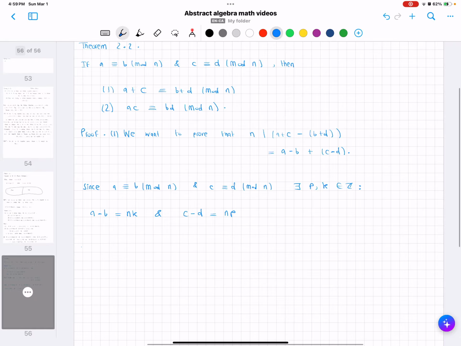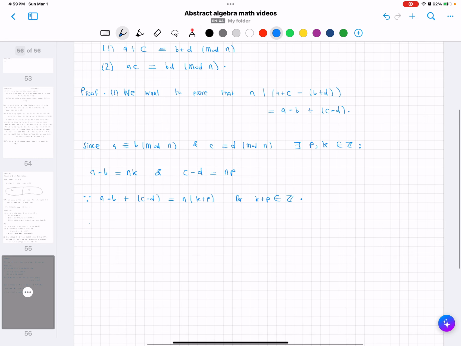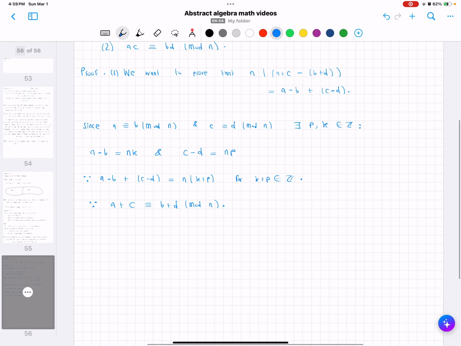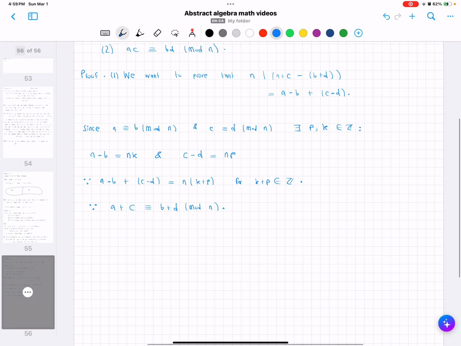Then if you add them together, you get A minus B plus C minus D, which is n multiplied by k plus p for k plus p belonging to the integers, and therefore A plus C is congruent to B plus D mod n.